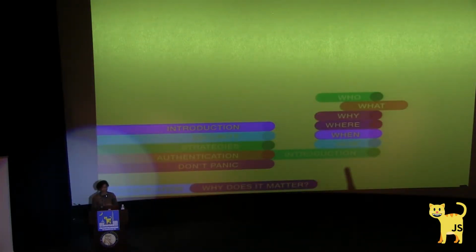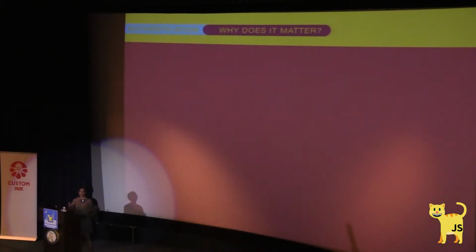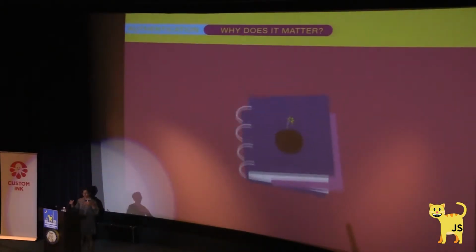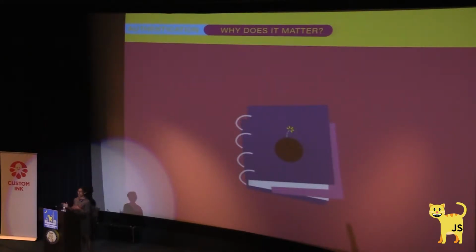And so as we begin our authentication journey, it's important to figure out why authentication matters. I talked a little bit about this already, but I'm going to give you a concrete example so we can actually understand what we mean here. Say you're a Vogon, which is an evil alien race, and you wanted to create plans to destroy the world.